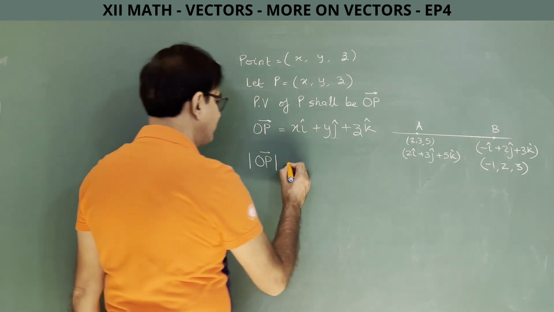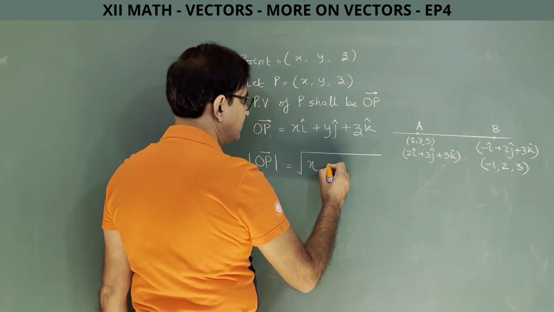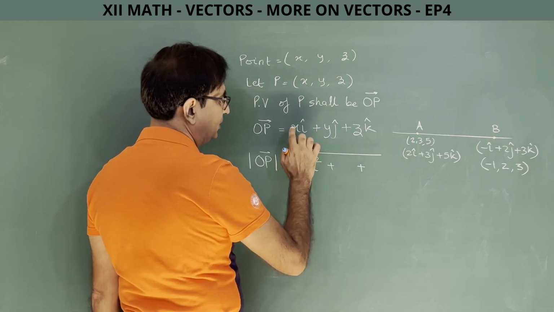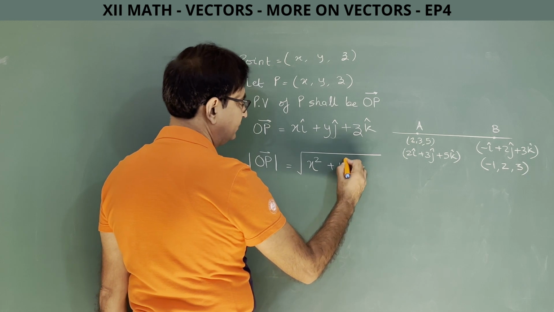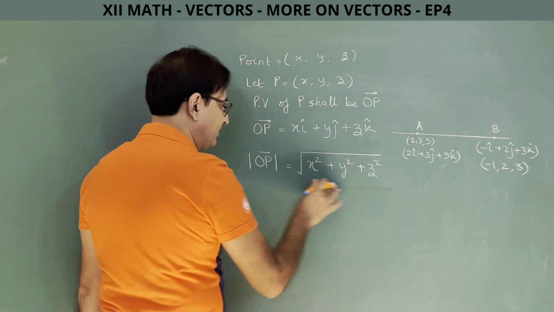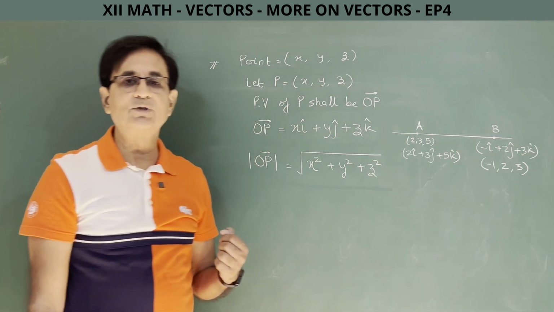So the formula for the magnitude of the vector is the square root of the sum of squares of the coefficients of i, j and k. So again we can make a poem here. What is the magnitude of the vector expressed in terms of i, j, k?